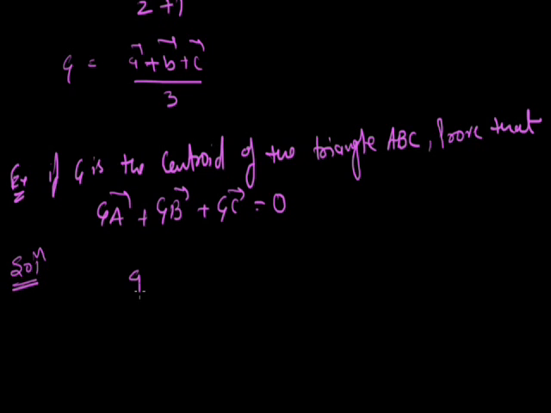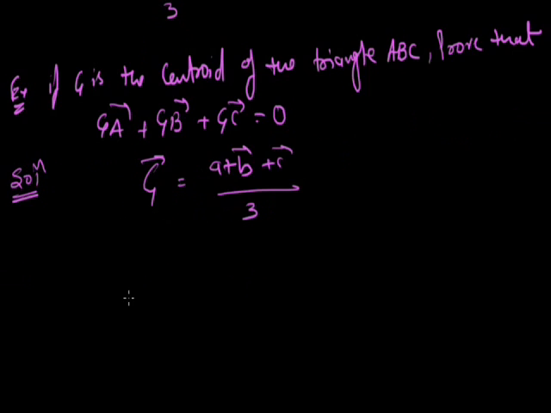Now G is the centroid of the triangle, so the position vector of G is A vector plus B vector plus C vector divided by 3.